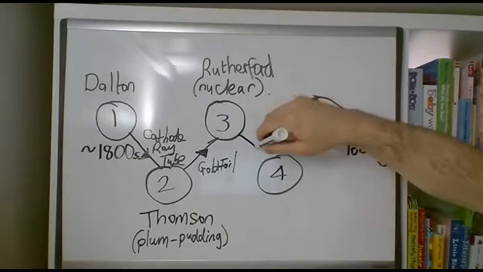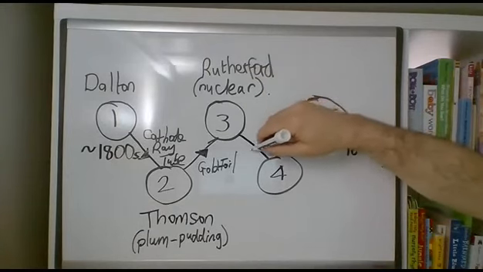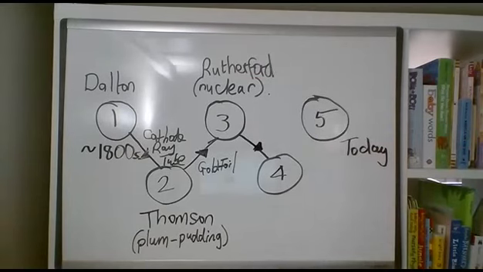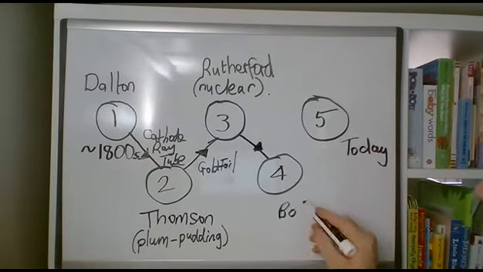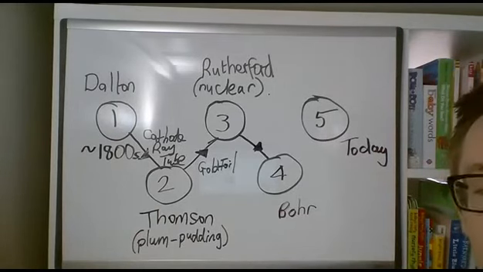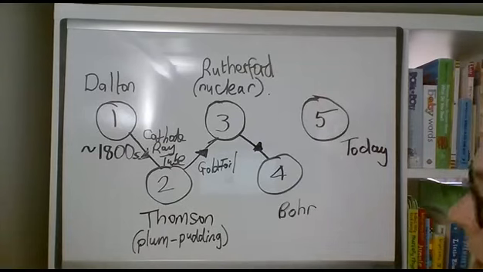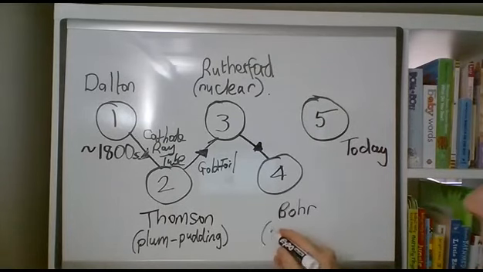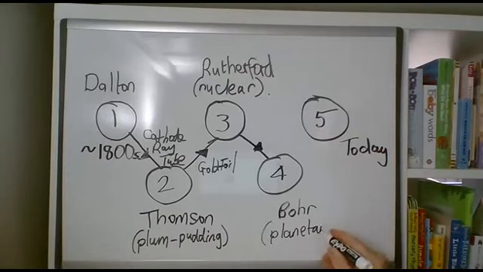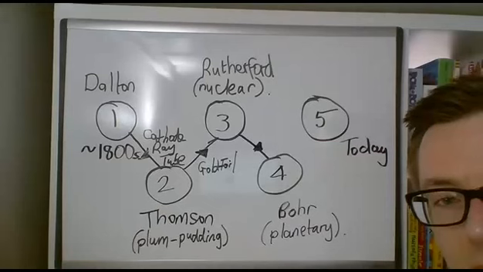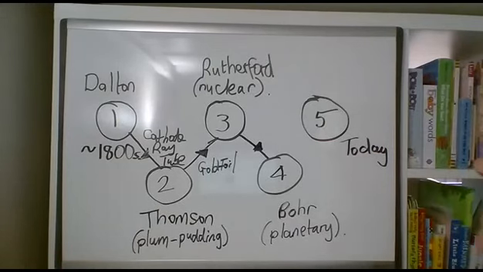What led to the fourth model of the atom? Well, the fourth model of the atom is accredited to Niels Bohr. It's often called the planetary model, for reasons that we'll go into later, as I'm sure you've guessed by now.